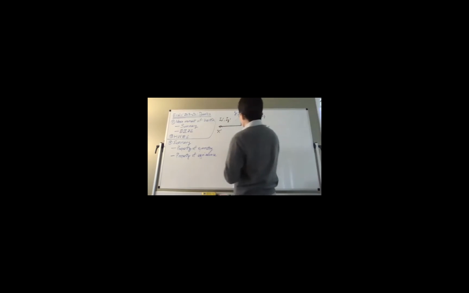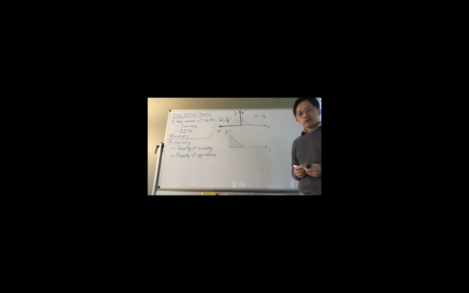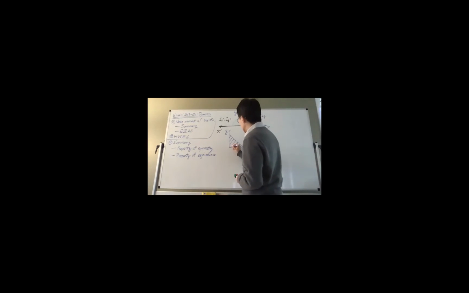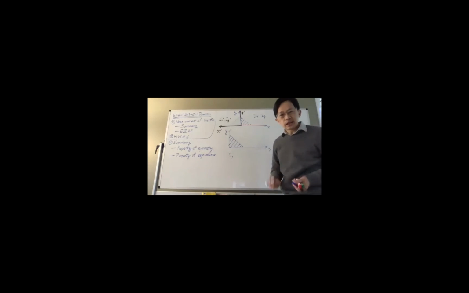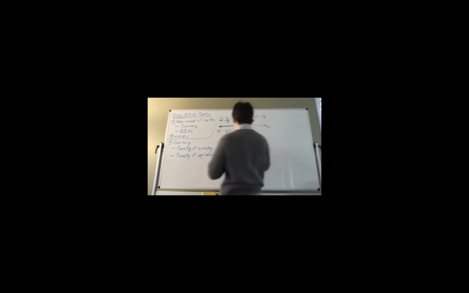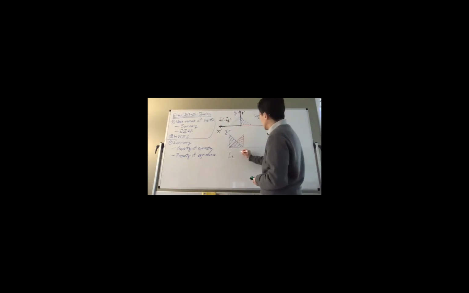Now suppose we consider the same triangle, which is this one. The value of Ix for this triangle is the same as the value of the Ix of this triangle. So this one has its own Ix.